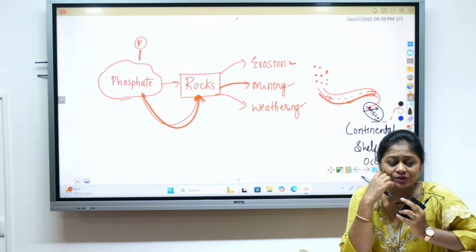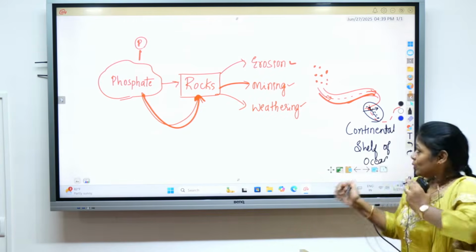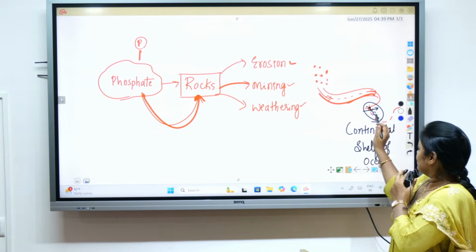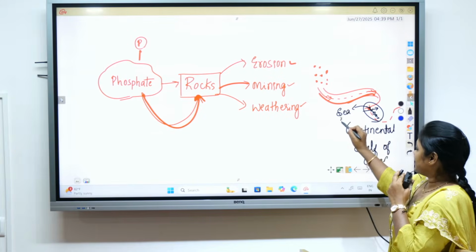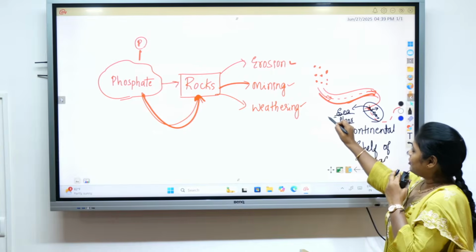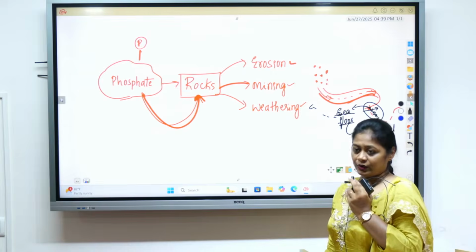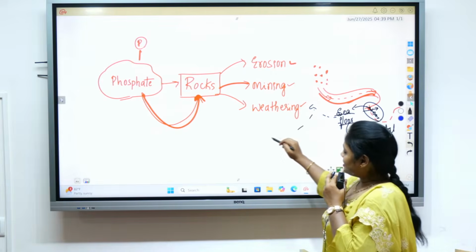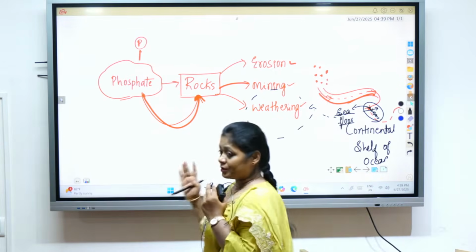Due to tectonic plate movements, isn't it? This deposit will come to the sea floor. Again it will be exposed to the lithosphere. So finally it gets circulated. This is one source of phosphorus.